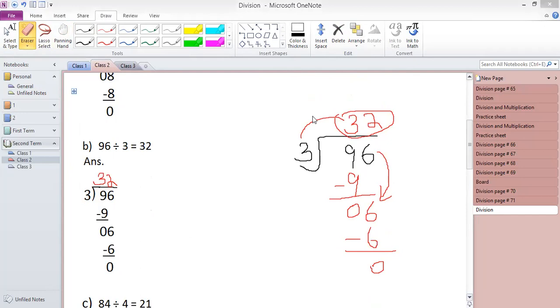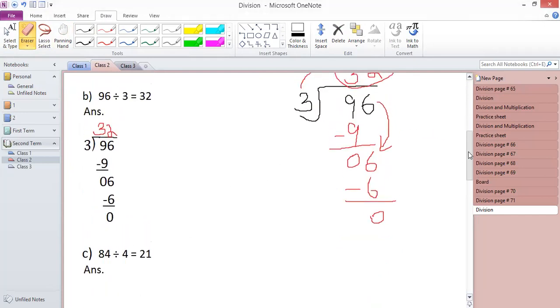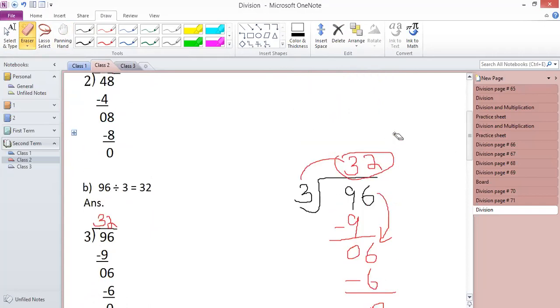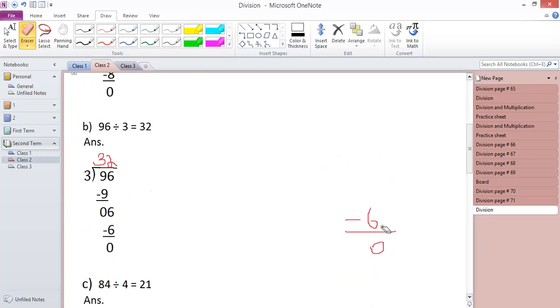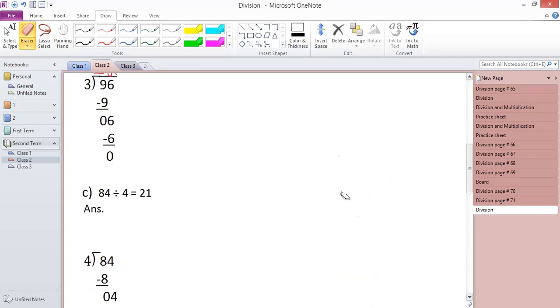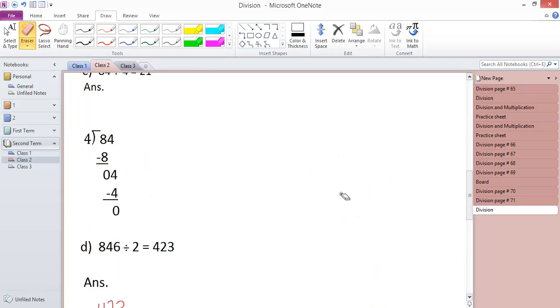Yes, sir. Good. All right, then come to the C. Start completing C. C is 84 divided by 4.